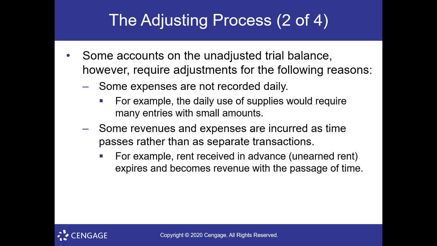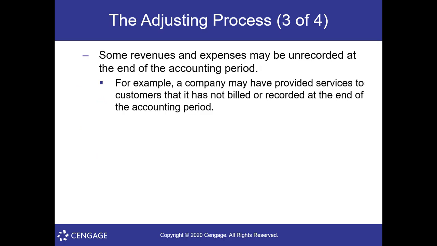Another one is unearned rent. We receive rent in advance from a tenant, and we record that, but as they occupy the space, then we get to earn the revenue and add that to the income statement.